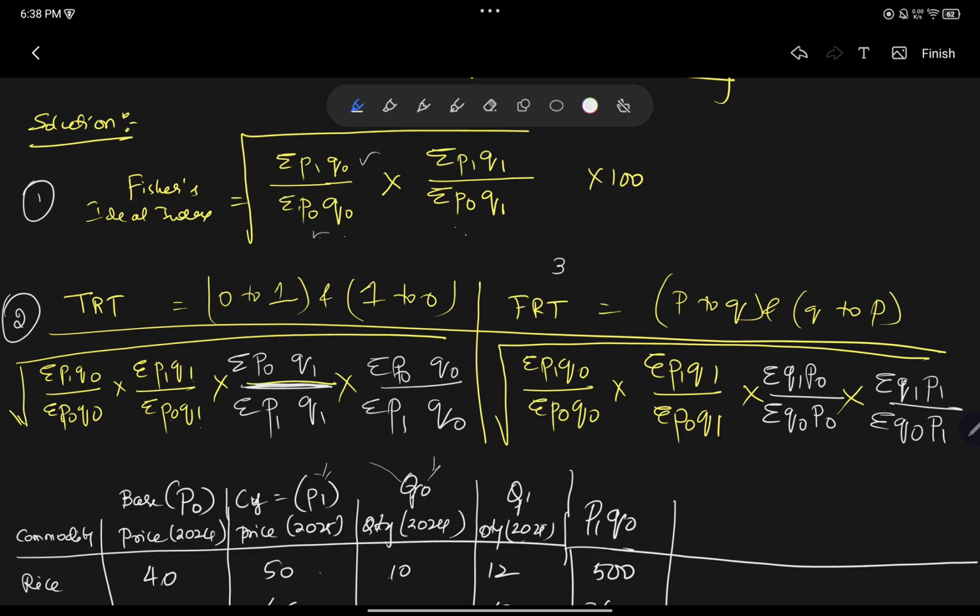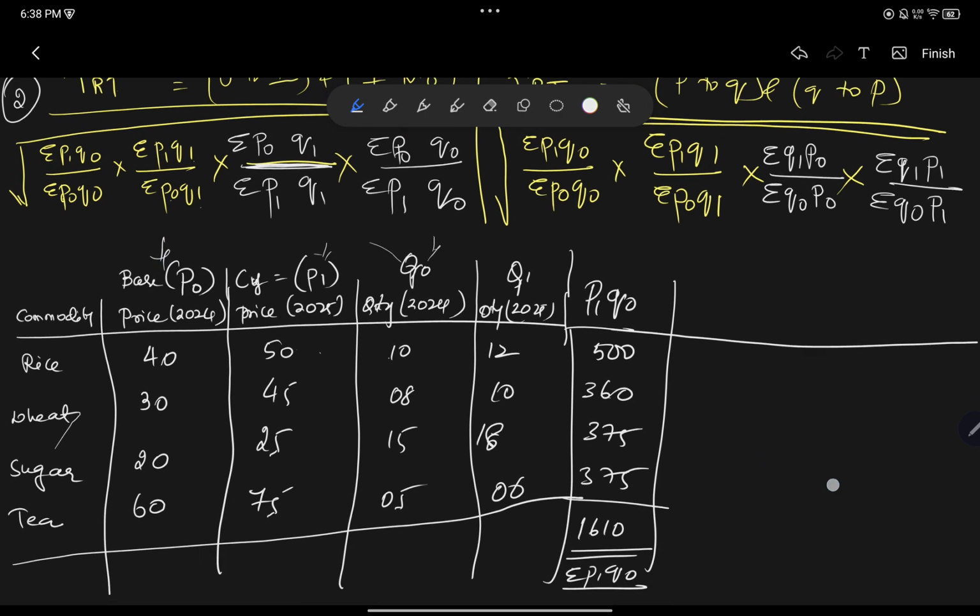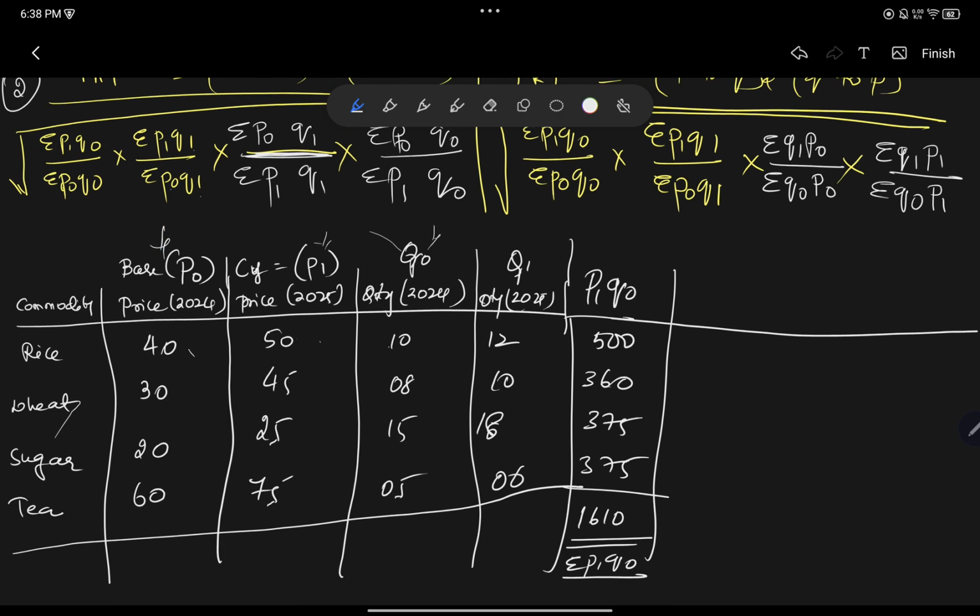Next I want summation of P0 Q0, right? I have P0 here, I have Q0 here. So I need to multiply this with this. P0 Q0. Right, so now 40 into 10, 400, 30 into 8, 240, 20 into 15, 300, 60 into 5, 300.